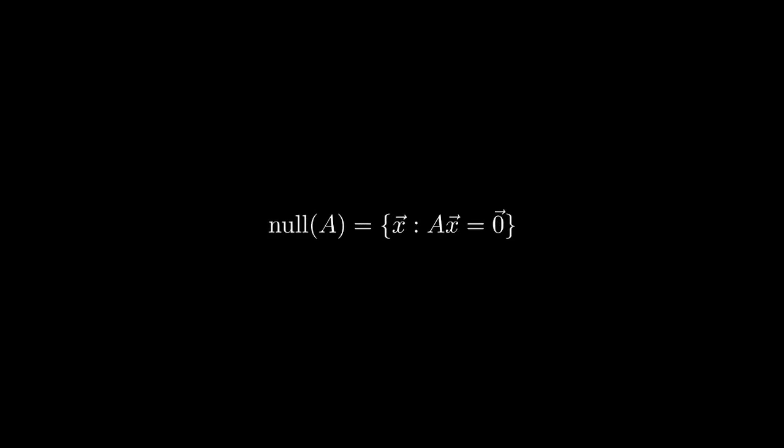The null of A is the set of all vectors x, such that if we take the matrix A and then times the vector, we get the 0 vector.